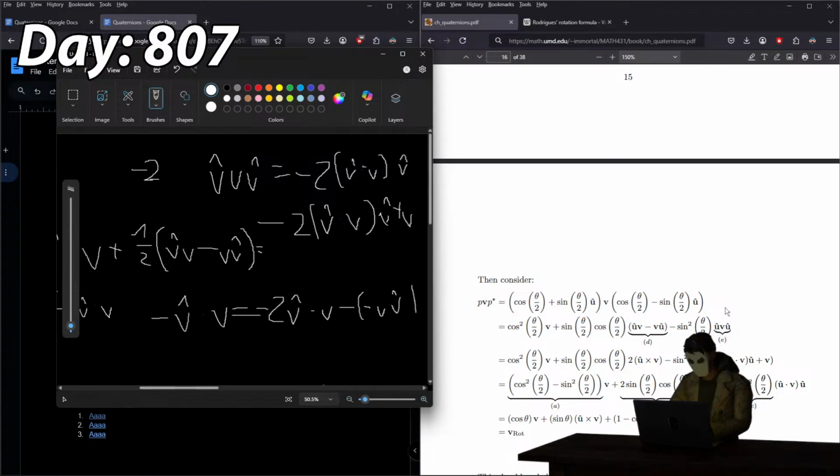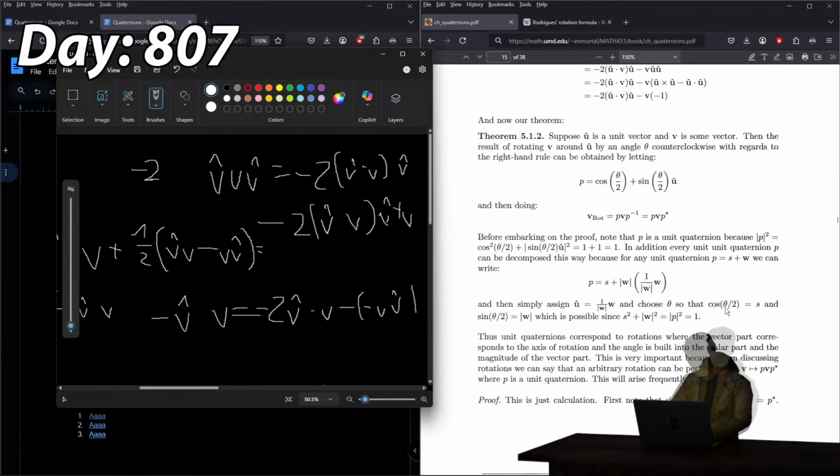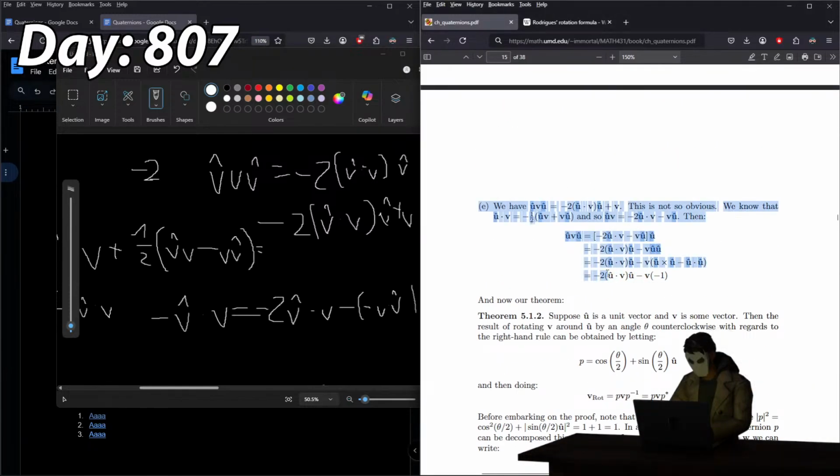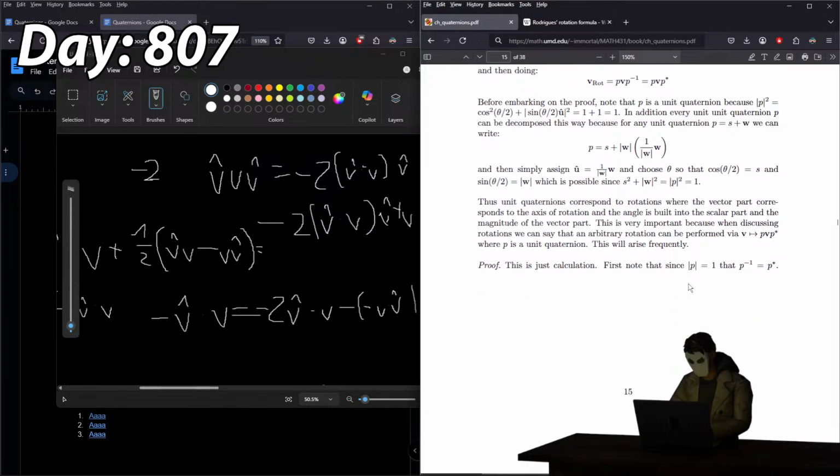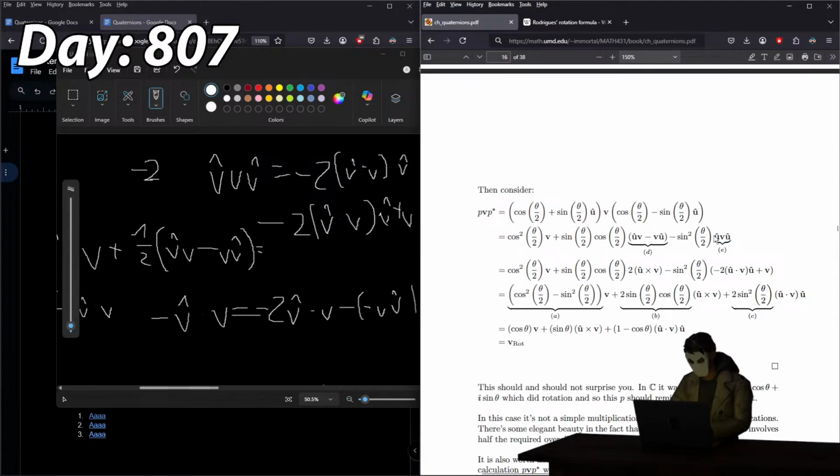Where is the plus v? I couldn't help but notice that right here there is a plus v at the end. Right here, we just start with uvu and the plus v disappears.